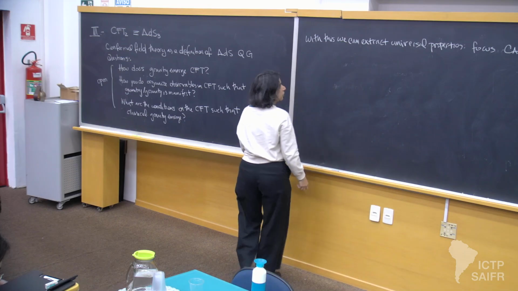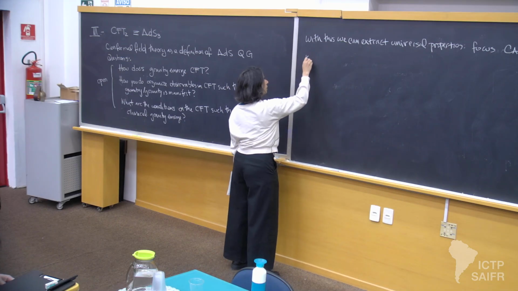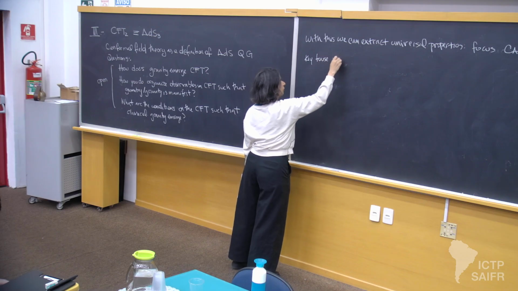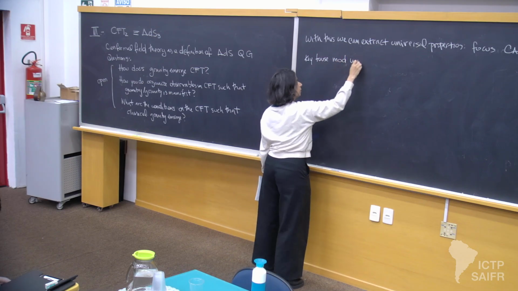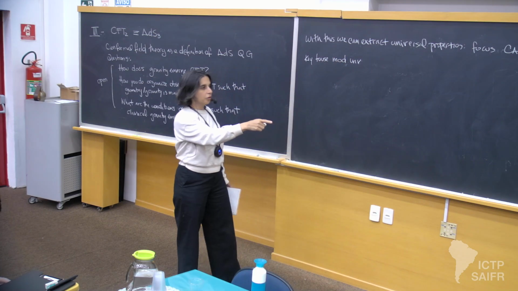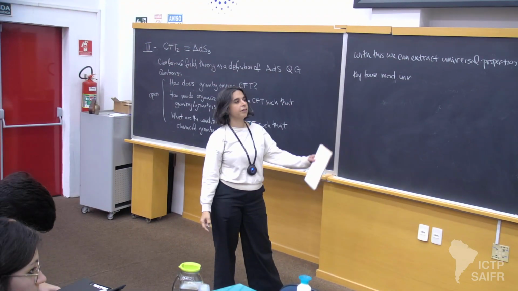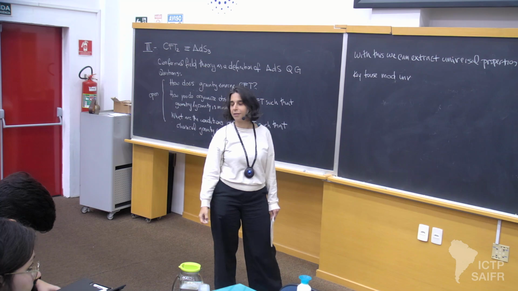Okay, so the key is basically to use modular invariance. And actually, modular invariance is quite rich. There's an infinite set of A, B, C's, and D's that you can pick.